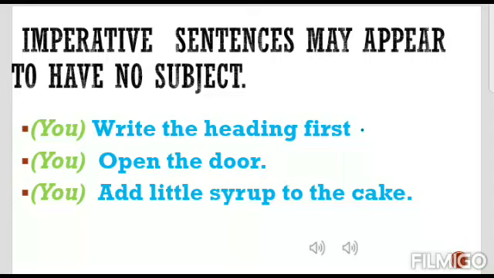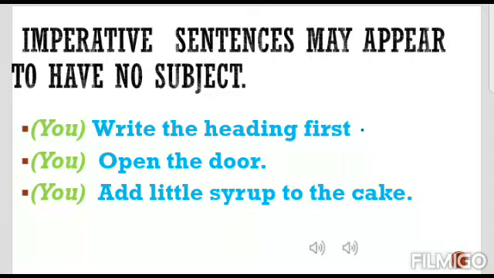We have a few examples in front of us. See, it is written, write the heading first, open the door, add little syrup to the cake. In all 3 sentences, the subject is missing. Here we have to assume that the subject is you.